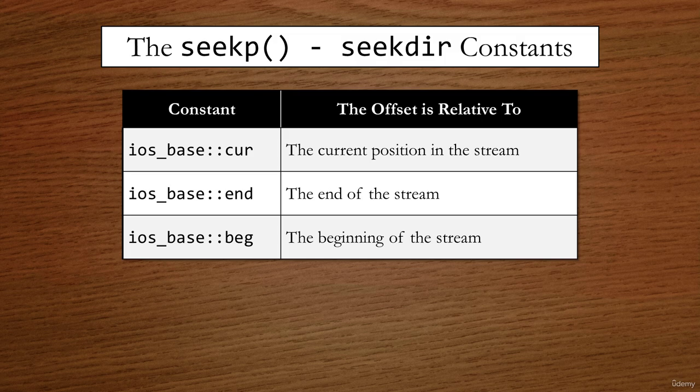Here are some of the constants that we can pass to seekp. That is for the way parameter, so we can pass in ios::cur for the current position in the stream, end for the end of the stream, and then beg for the beginning of the stream. And then, as I mentioned, the first argument is going to be the offset, so the offset is then relative to that way parameter.